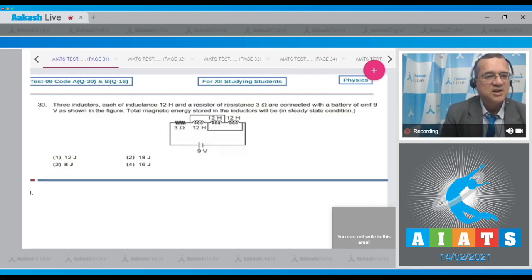The question number 30: three inductors, each of inductance 12 Henry and resistance of 3 ohm, are connected with a battery of EMF 9 volt as shown in the figure. The total magnetic energy stored in the inductors in steady state would be? Now see, when it is a steady state, there is no opposition by these inductors. So the circuit current I will be equal to the EMF, 9 volt, divided by resistance 3, so 3 ampere current will be flowing in the circuit.